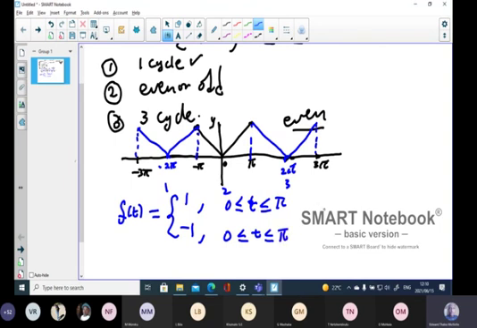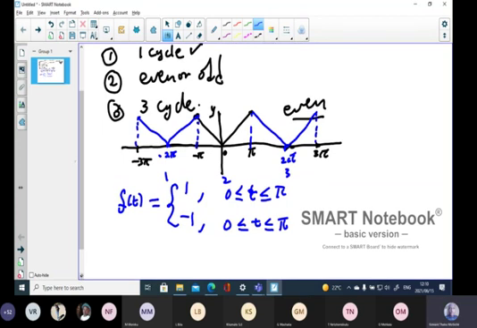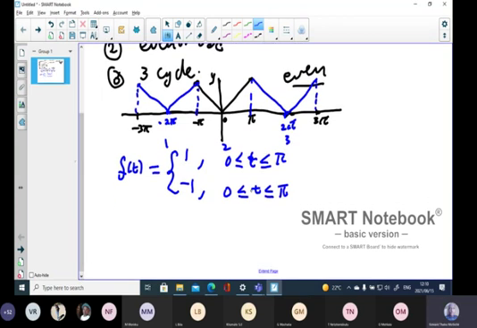And again here our period is still the same as the above one. Our period is still 2 pi. So f(t + 2 pi) equals f(t). Okay, now the questions are still the same as that one.